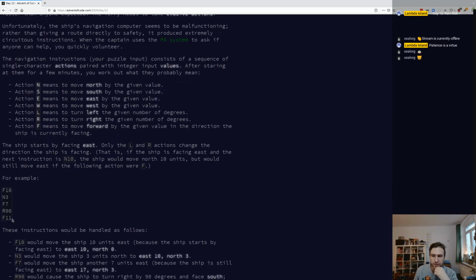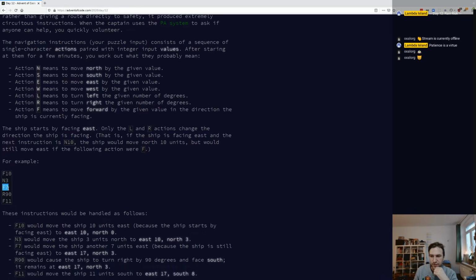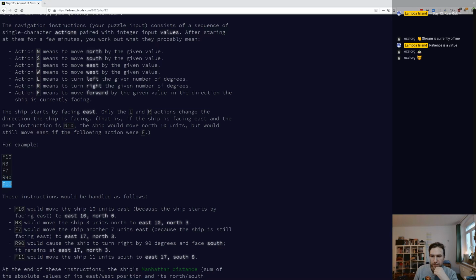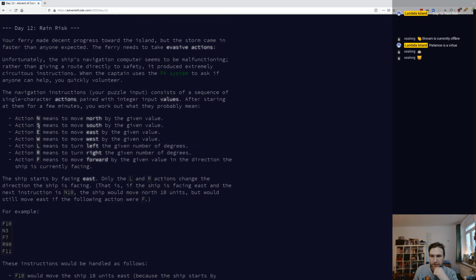Our puzzle input is: move forward 10, move to the north 3, move forward 7, turn right by 90 degrees, move forward 11. So these are the different instructions that we have.